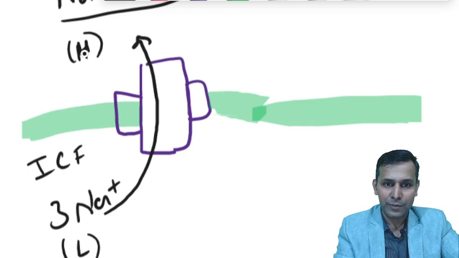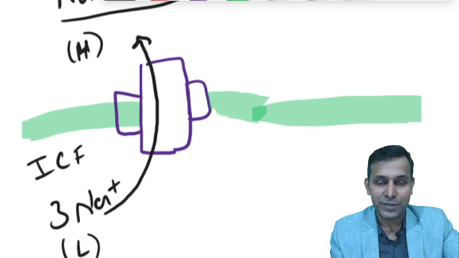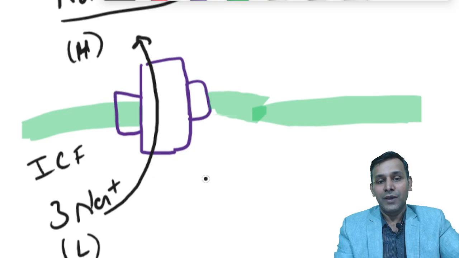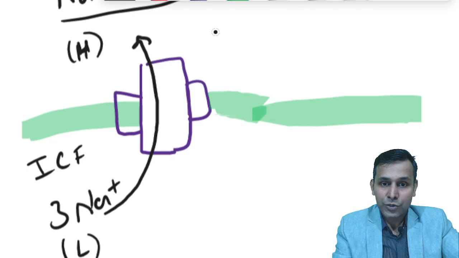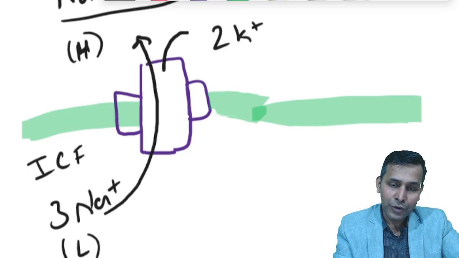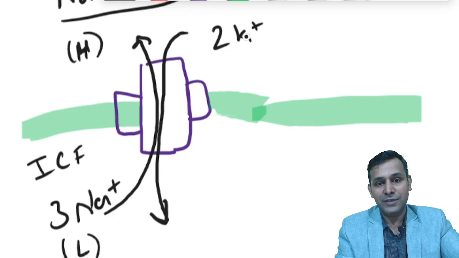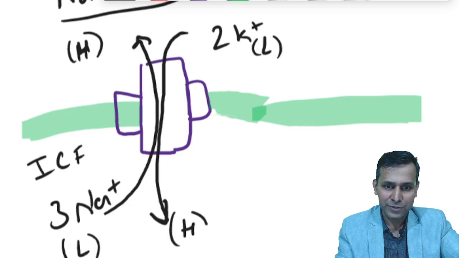It also transports 2 potassium ions from ECF to ICF, again from lower concentration to higher concentration.